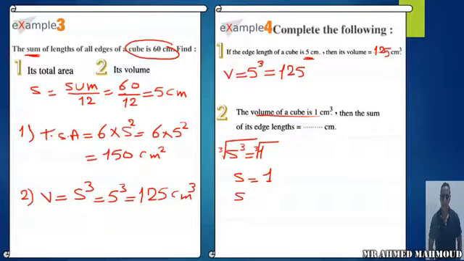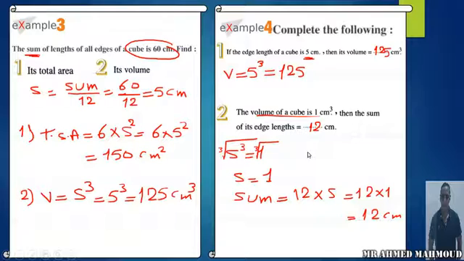Okay, the sum of edges equals 12 times S, equals 12 times 1, equals 12 centimeter. Then the answer here is 12 centimeter. And this is the cube and its problems.